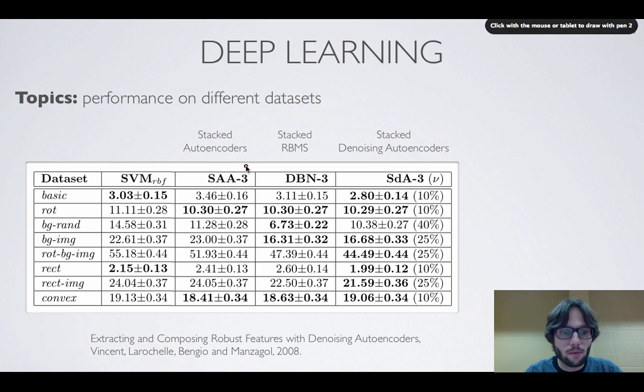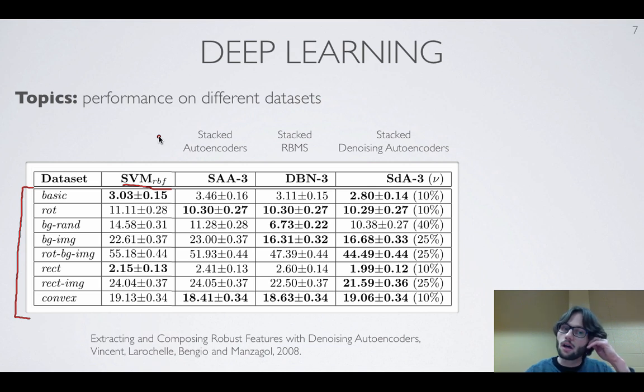And here we have the performance on all of the data sets I mentioned before, so not just MNIST rotation and MNIST small, for either SVM, so I'm not going to describe what it is, but it's a very popular type of classifier in machine learning, and here we're using the kernel variant with an RBF kernel. And here we have the results with pre-training with stacked autoencoders, RBMs, or denoising autoencoders, and we always use 3 hidden layers.